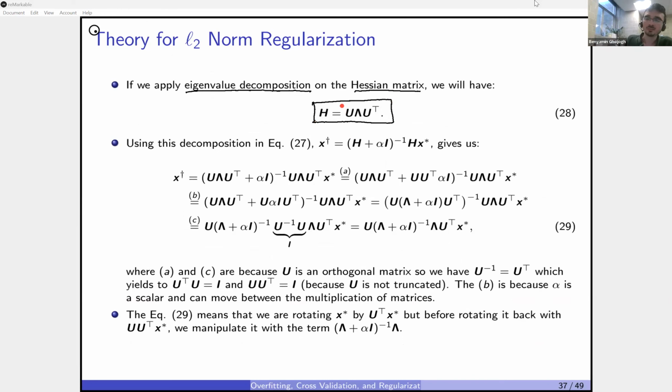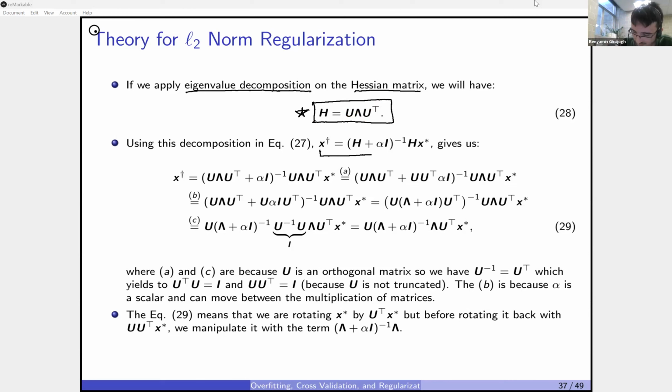U is the matrix of eigenvectors. Lambda is a diagonal matrix having the eigenvalues of the Hessian matrix, okay? For more information on eigenvalue decomposition, you can see my preliminary lectures in either the statistical machine learning course or the deep learning course, okay? Then we use this decomposition in equation 27.